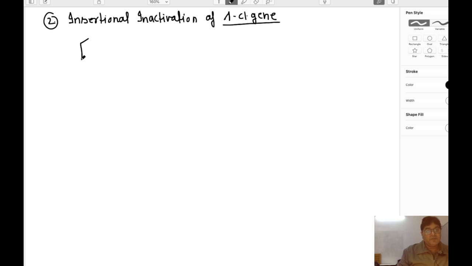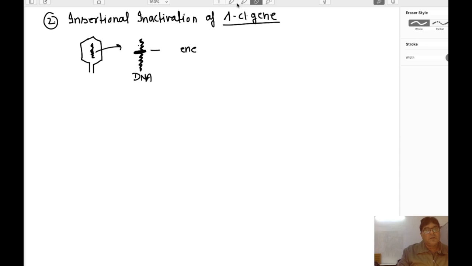Alright, so if this is the lambda phage and this is the DNA of the lambda phage, if we see the map of this phage DNA, then at around 38, the map unit, we will find a CL gene in the DNA of this lambda phage.